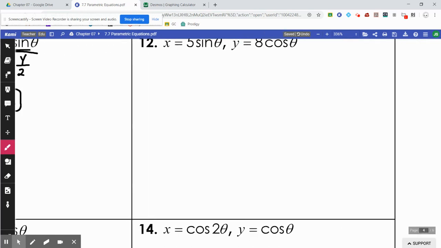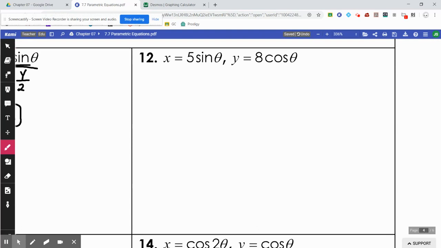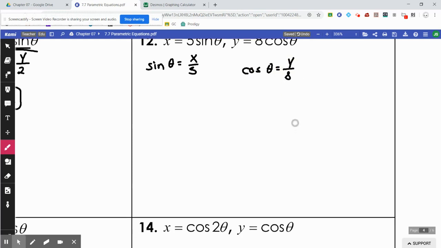The next one, same thing. Let's solve each of these for sines and cosines, and plug it in just like we did with that one. We know that the sine of theta would be x over 5. And by our second equation, the cosine of theta will be y over 8. We know that, again, cosine squared theta plus sine squared theta is equal to 1.